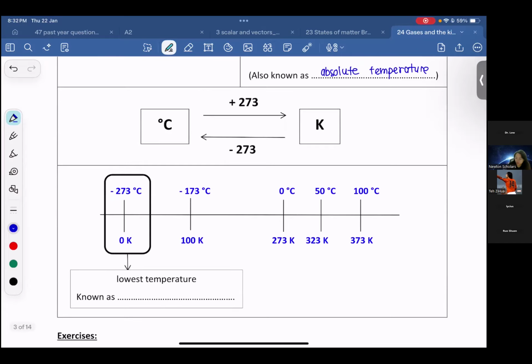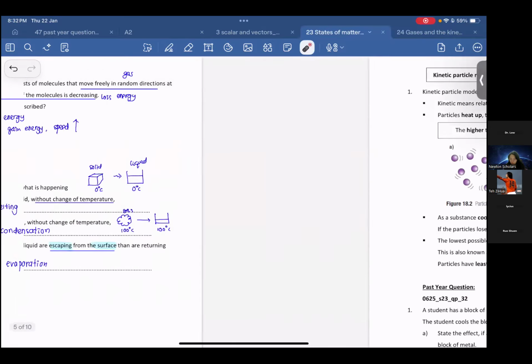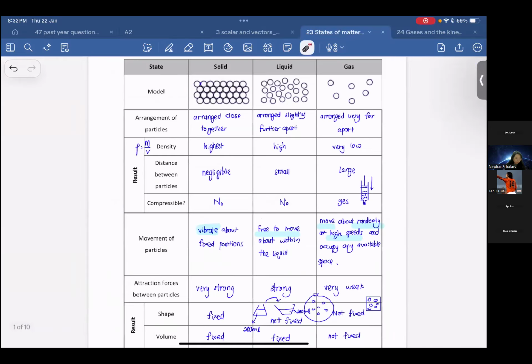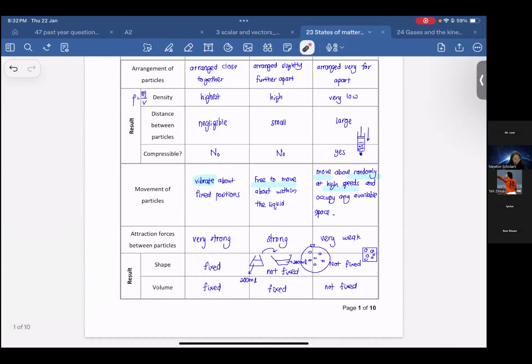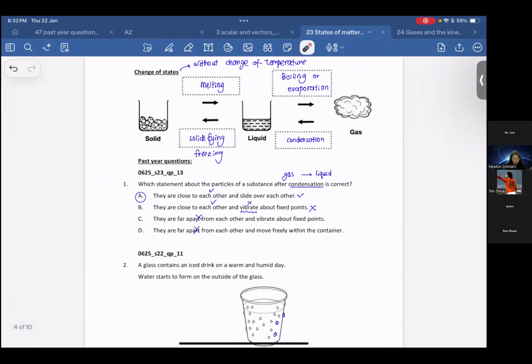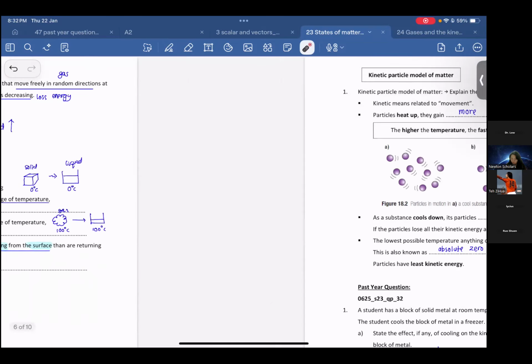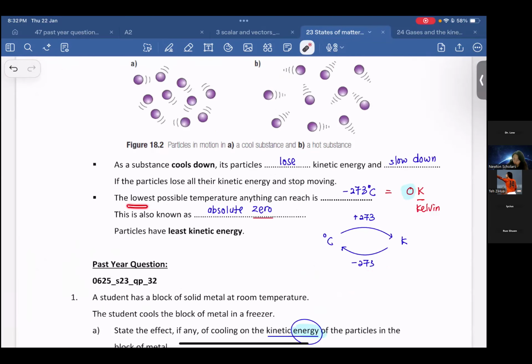Okay, so we look at this. In our previous lesson, we said the lowest temperature, do you still remember? Let me find it for you. Page number six. Oh, this one. Can you see that here? The lowest possible temperature is negative 273 degrees Celsius. This is lesson number 23.